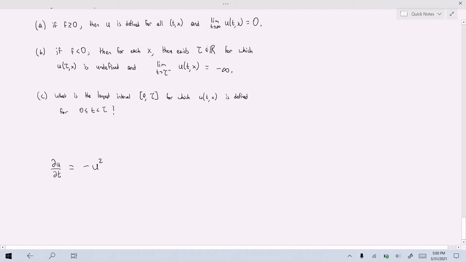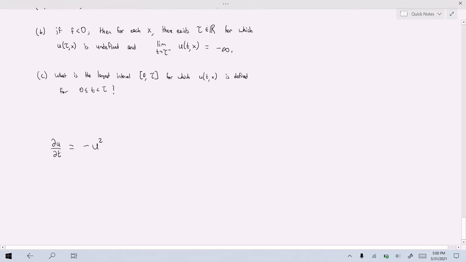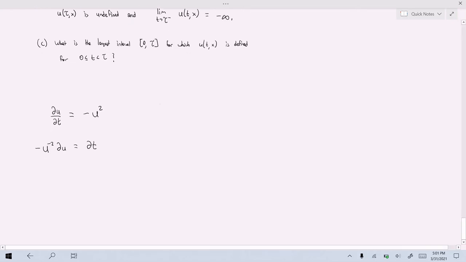So we can basically treat this as if it were an ordinary differential equation. If we separate by moving the u over to this side, and if we multiply dt over to here, this is what we did for separable equations in ordinary differential equations. And then we integrate both sides.